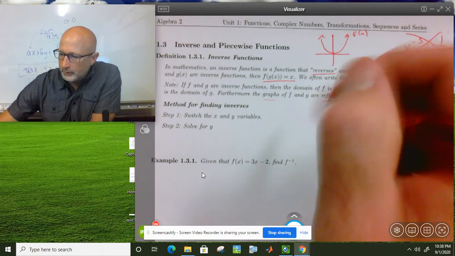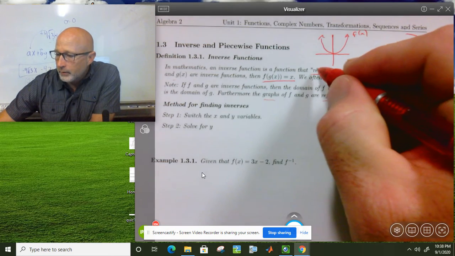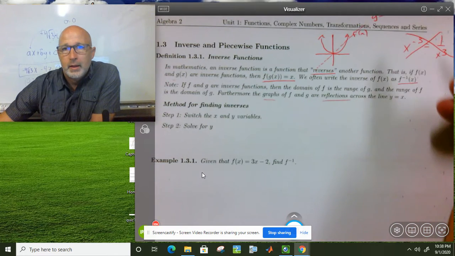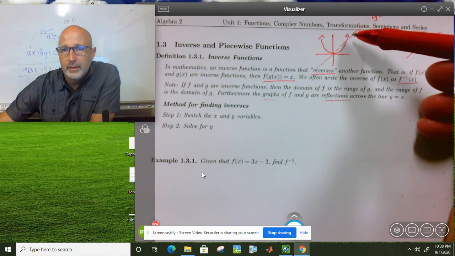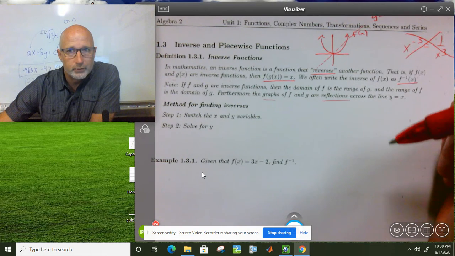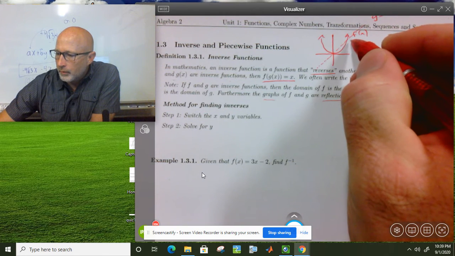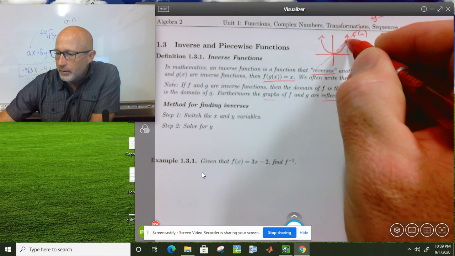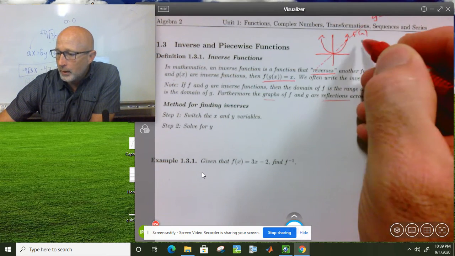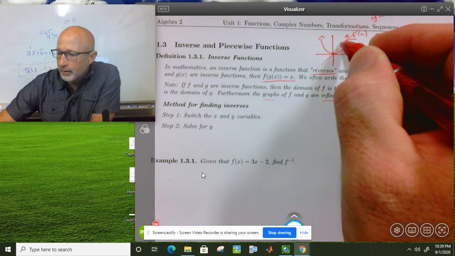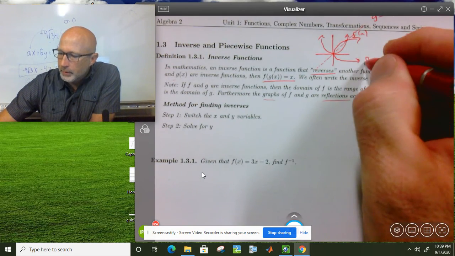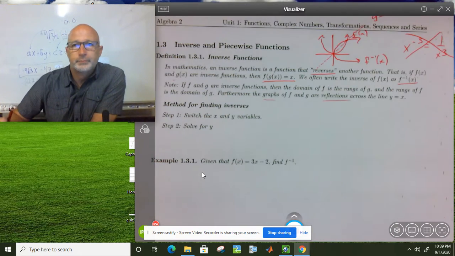The second part, the reflection across the line, is if you add this equation, y is equal to x, then if I just reflect this graph across this line, it would give me its inverse. That point's going to stay on the line because it's on the line. That point's going to stay on the line. That point's going to go there. That point's going to go over here. So the graph will end up looking like this. This would be the inverse function of f.